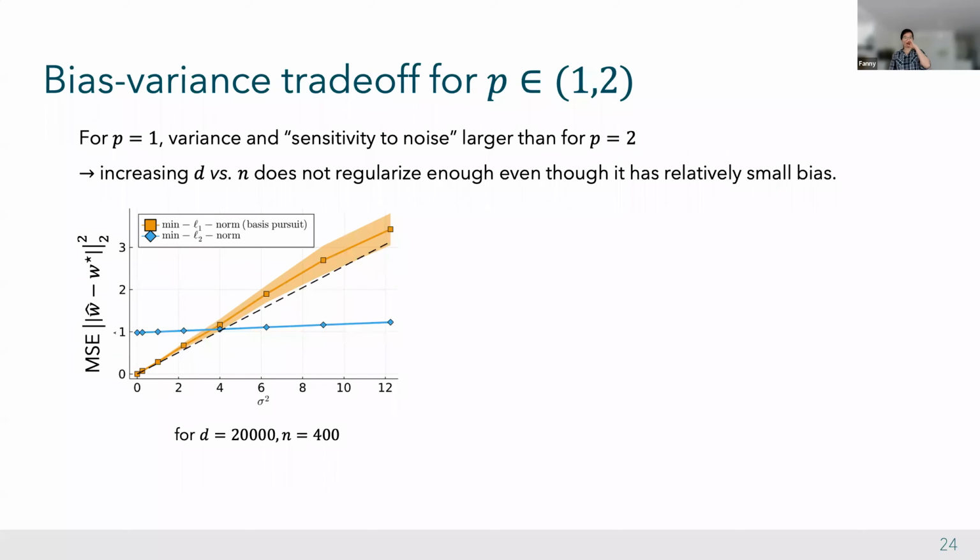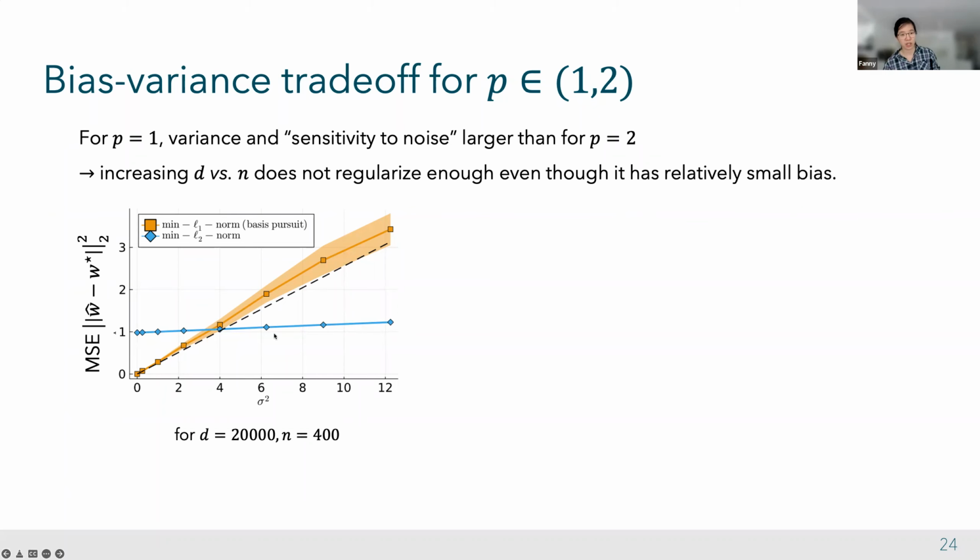So I already mentioned that in some way for p equal to 1, the noise sensitivity is much larger, because you have fewer degrees of freedom compared to p equal to 2, which is rotationally invariant, where you can search in all directions. And so in the case of p equal to 1, even when you have d very, very large, the sensitivity to noise is still large, and larger than for p equal to 2.